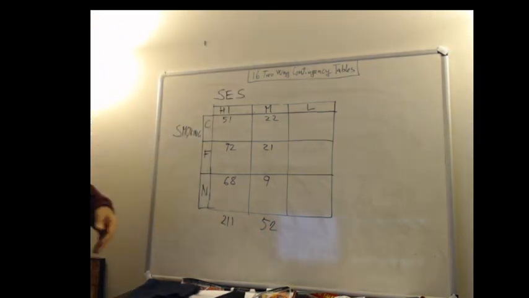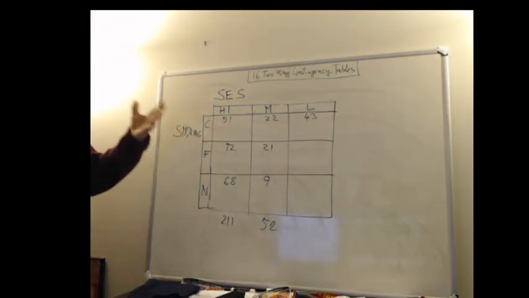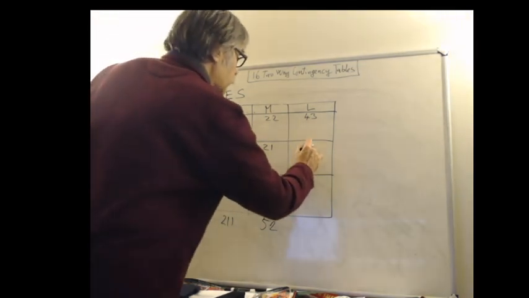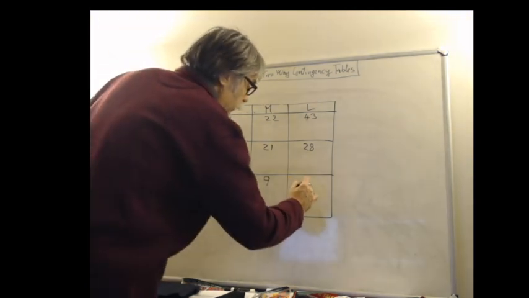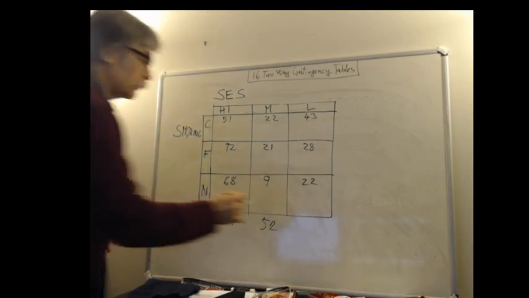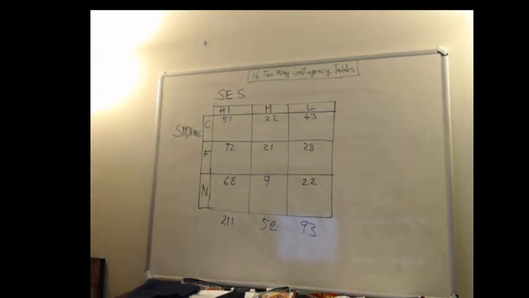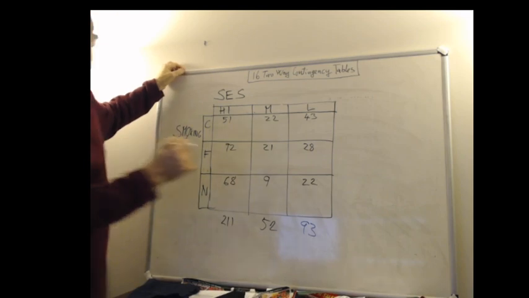Low income level, we have 43 that are current smokers. 28 that were former smokers, and the people that never smoke is 22 of them. So then we have the low income level, we have 93 people. Okay, now you can also get the marginal by the rows. So the number of current smokers in this whole group is 116.